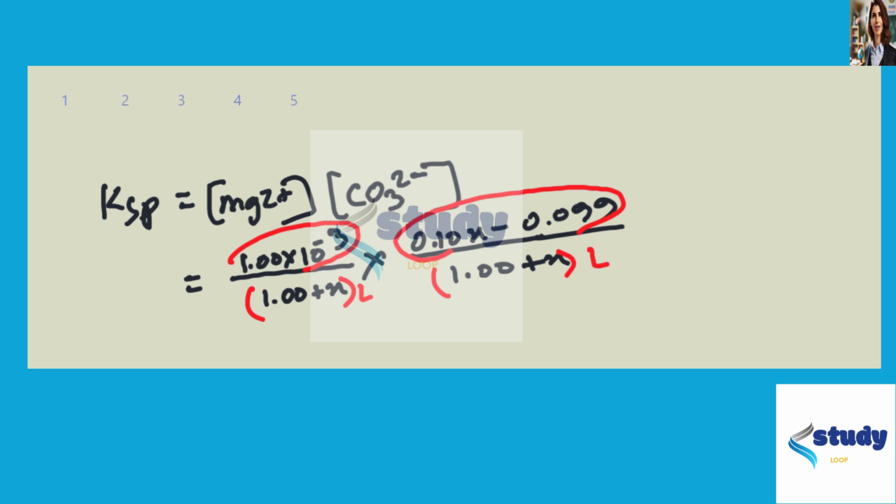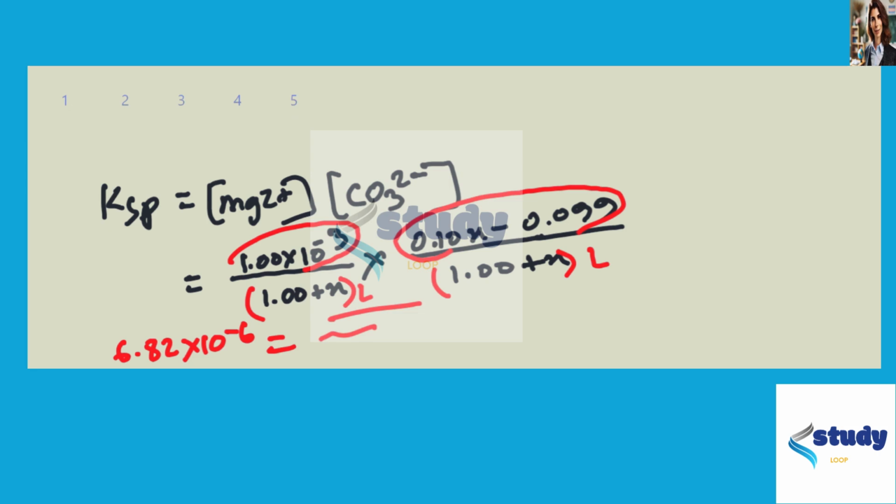If we solve this equation, and we know the Ksp value for magnesium carbonate is 6.82 times 10 to the power minus 6, so this is equal to this expression.